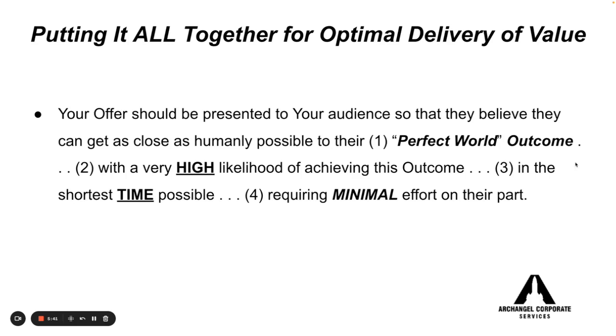If we can maximize the effectiveness of those 4 variables, the higher value will be derived from that offer, and the easier your negotiations will be with that seller or that buyer or that customer, whatever it may be.